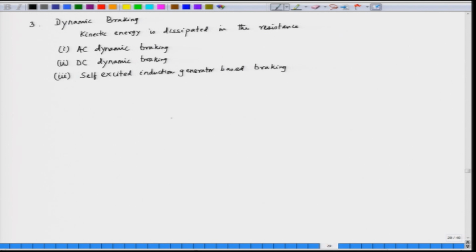All of this braking aims at the dissipation of the motor kinetic energy in some form of resistance, may it be the rotor or some external resistance. So, the kinetic energy of the motor is dissipated in some resistance.